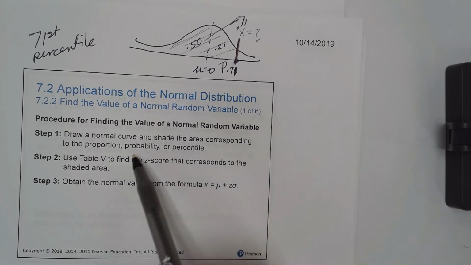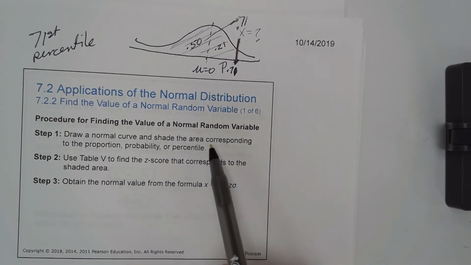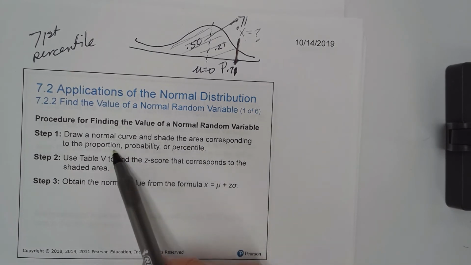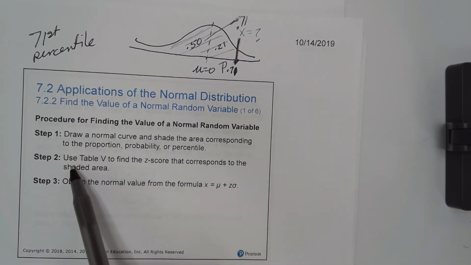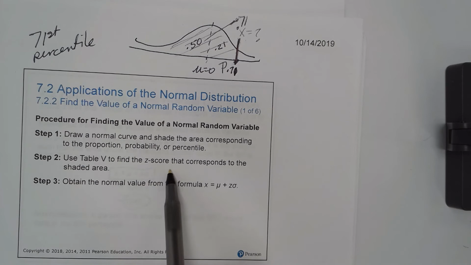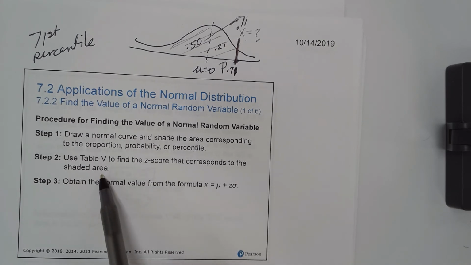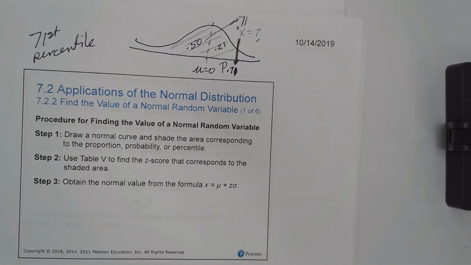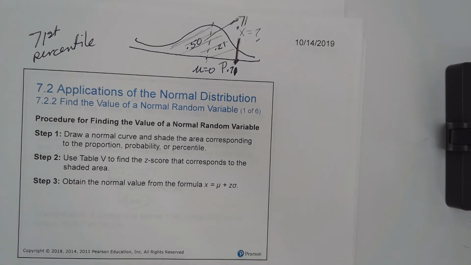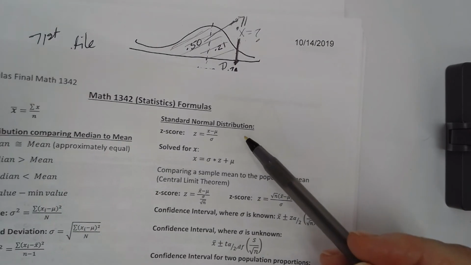So first you draw the normal curve and shade the area corresponding to the proportion, probability, or percentile you're looking for. Then you use table 5 to find the z-score that corresponds to the shaded area. And then you obtain the normal value using this formula, which is on your formula sheet, the second one underneath here.